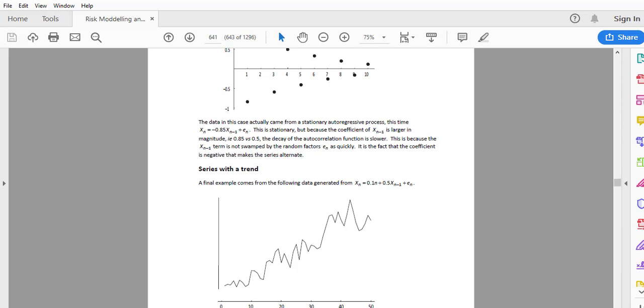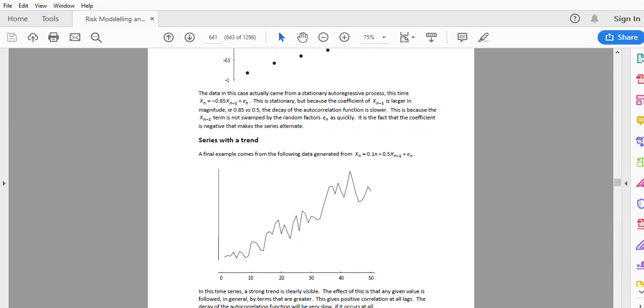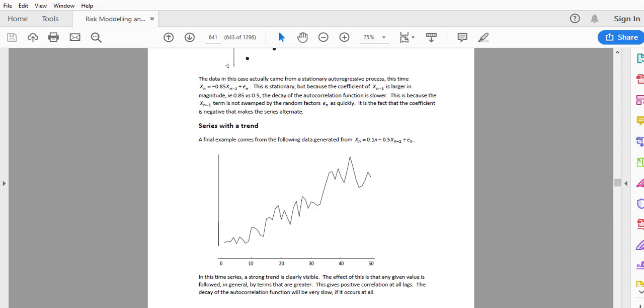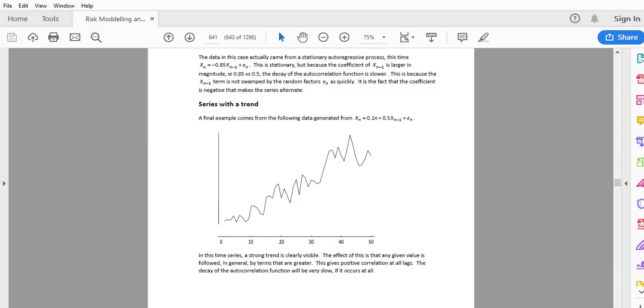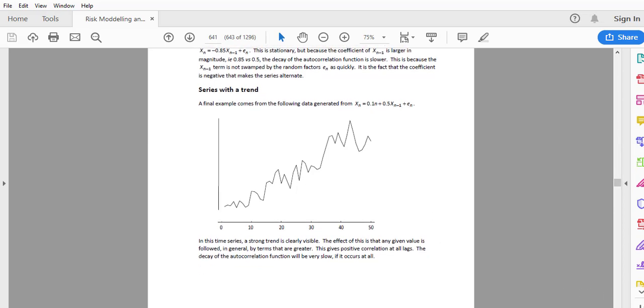For example, the price of land increases with inflation. So there is an inflationary trend, and you cannot treat the price of land directly as a stationary random variable because it is increasing. Here also there is an increasing trend, so again this process will not be stationary.